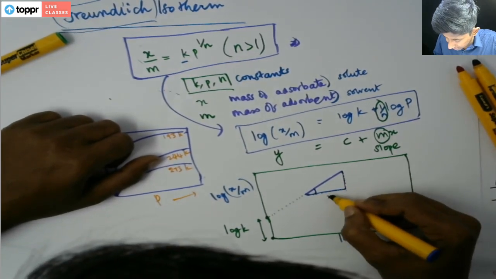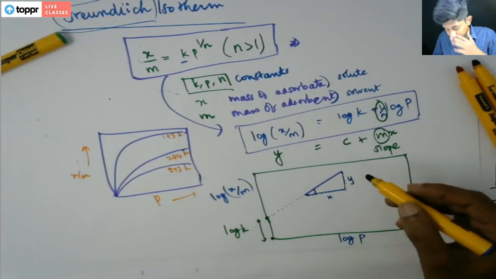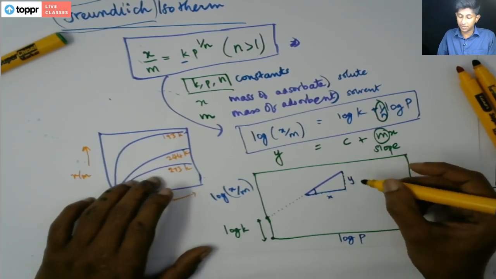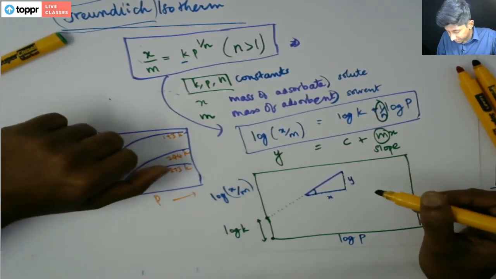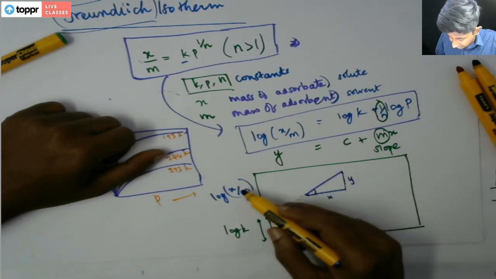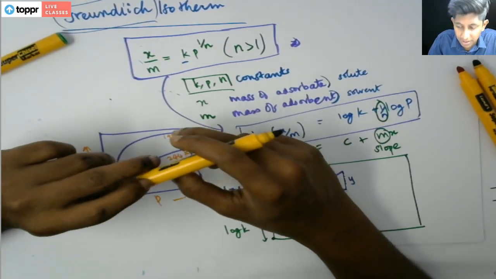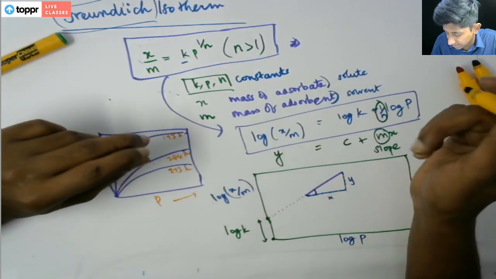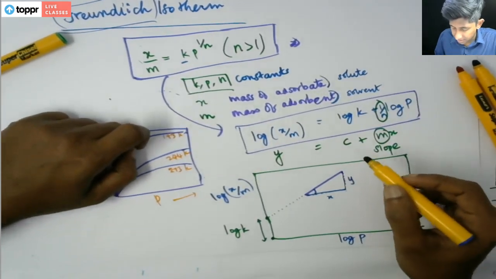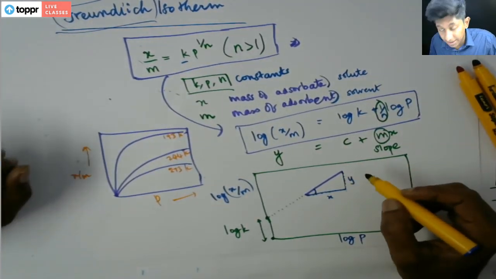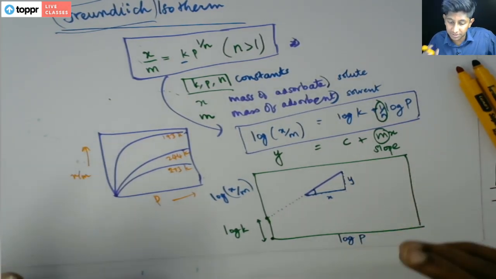This is our x and this is our y. The slope value you get from here, and this is our c. This equation gives us more data. It lets us understand things much better, and this can be applied to different systems and gives us more clarity.